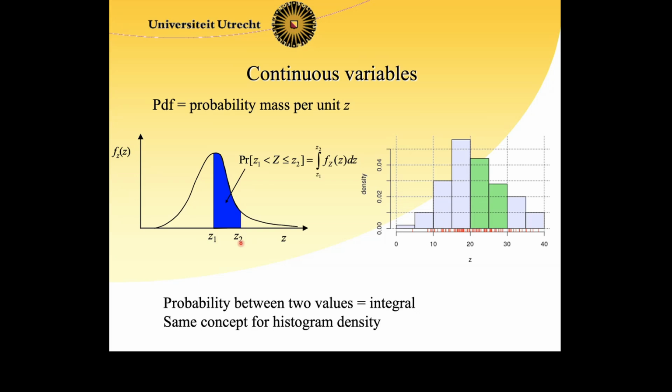So how do we calculate the area underneath the function? We take its integral. So we integrate the probability density between Z1 and Z2 to get the probability.